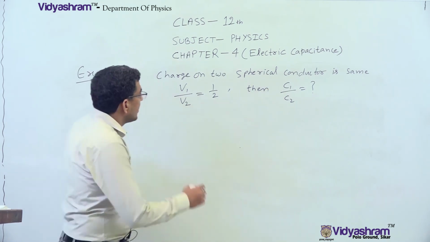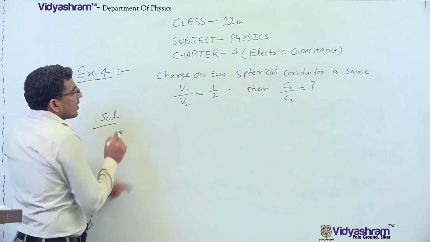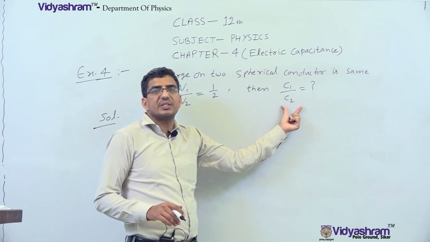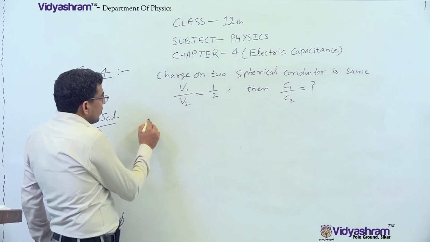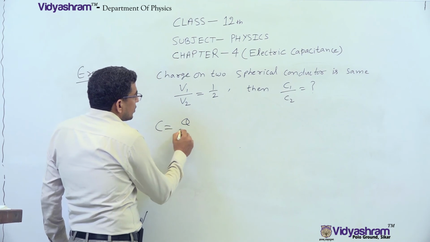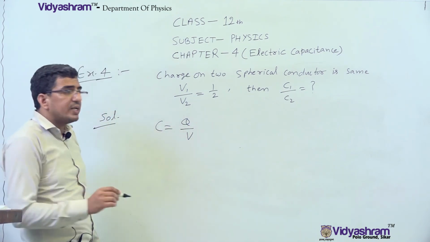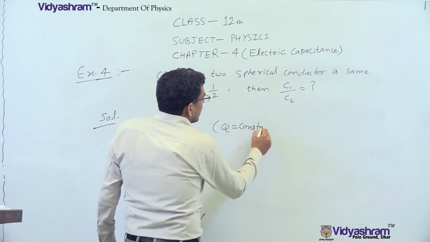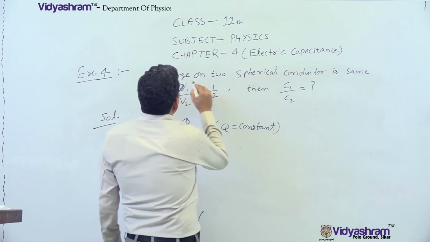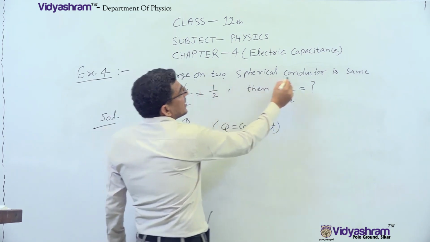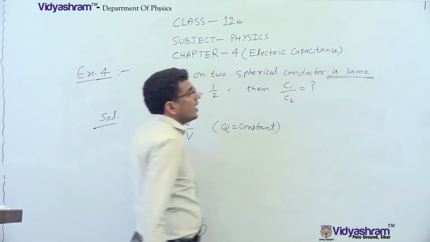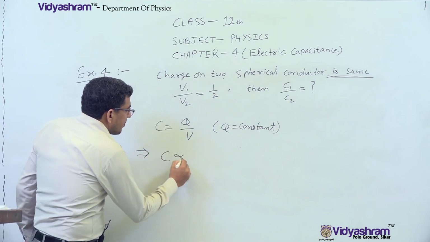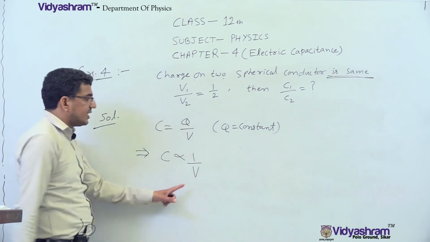Okay students, then what is the solution? The formula for capacitance is C equals Q upon V. Here Q is constant, because the charge on the two spherical conductors is the same. It means that C is inversely proportional to electric potential.